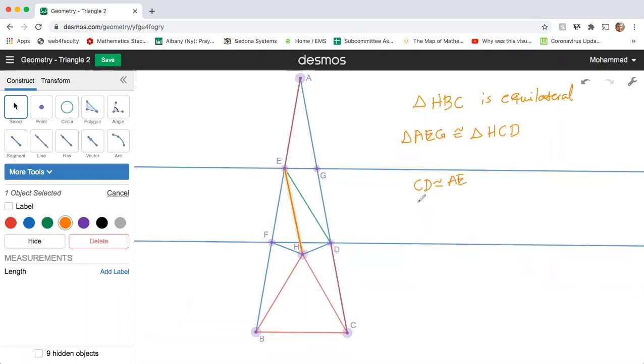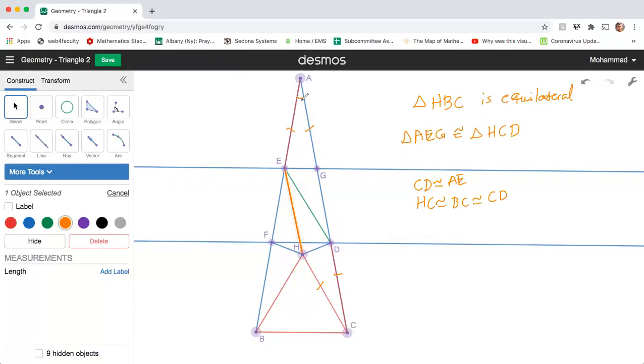And side HC is congruent to BC. That was by construction of this equilateral triangle. But BC was made to be congruent to CD. So this is an isosceles triangle. Since this line was parallel, this is also an isosceles triangle.